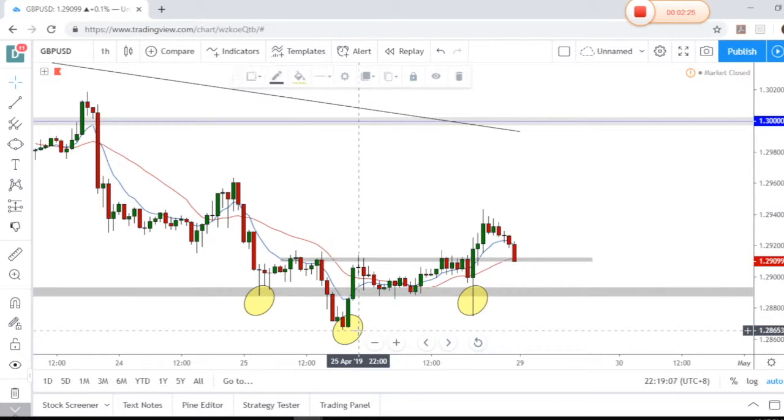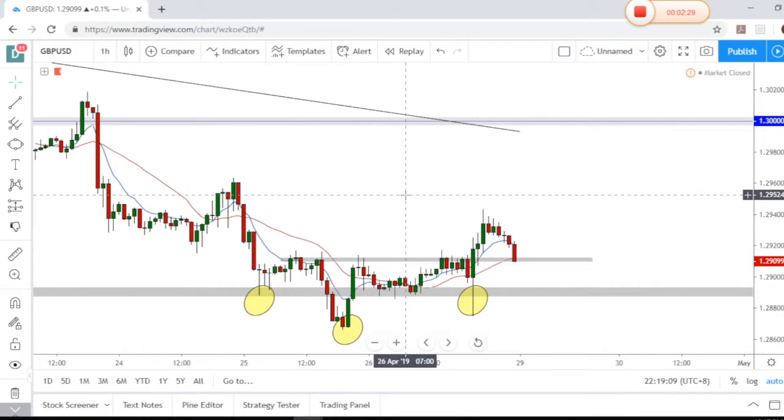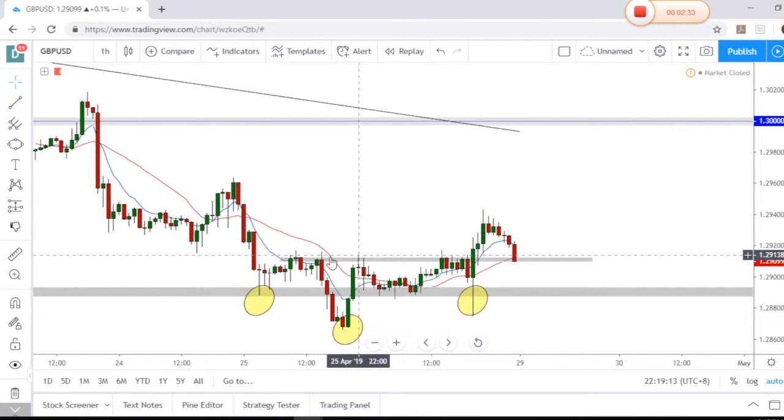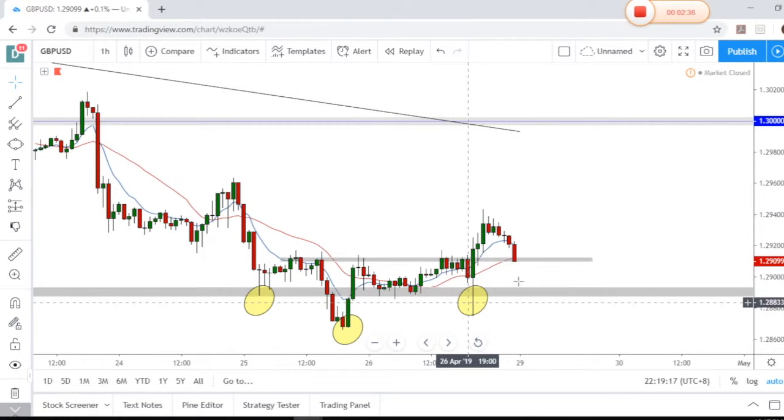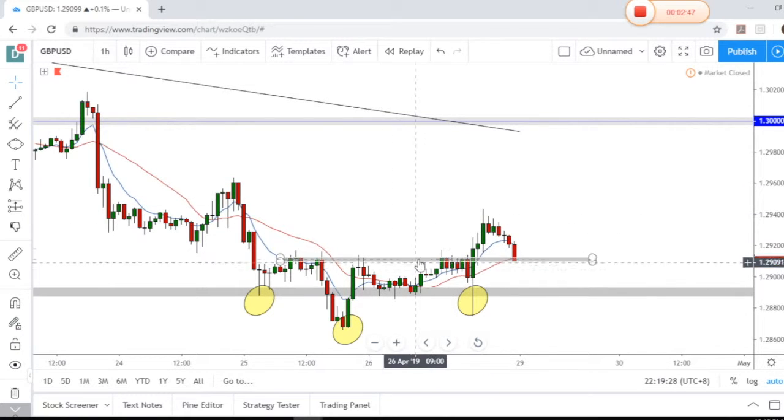As you can see here, we have an inverted head and shoulders pattern going on right now. Here is a zone I marked as the neckline. On the Friday market, we do see a strong retest on the right shoulder before rocketing up and breaking above the neckline.